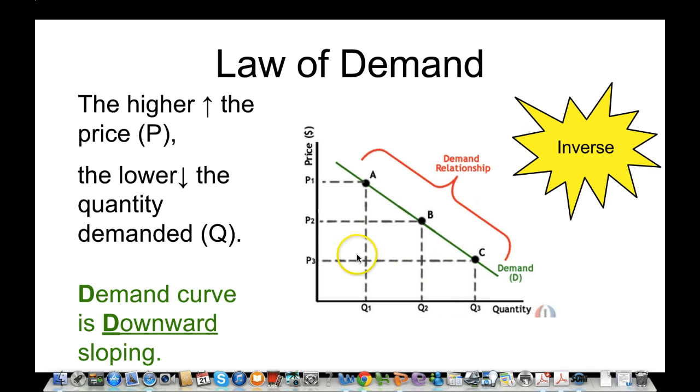The way you can choose to interpret this chart is that, as it says over here on the left, the higher the price, the lower the quantity demanded will be, which is why our demand curves are downward sloping. As prices increase, people tend to buy less of a particular product. That's considered an inverse relationship.